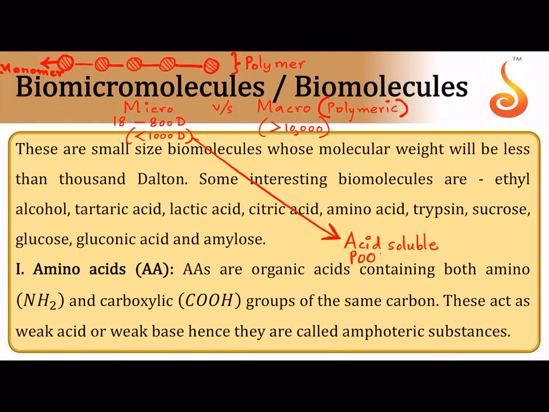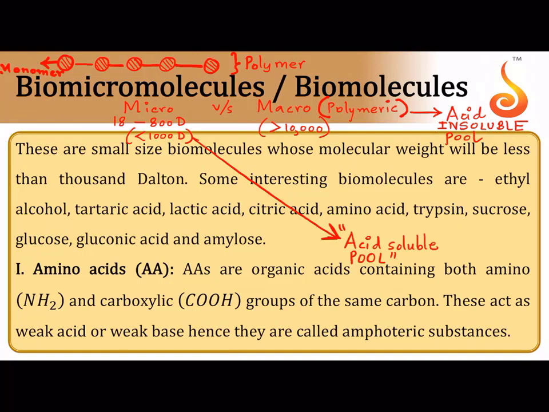The acid soluble pool is mostly rich in micromolecules, and you will get another pool that is called the acid insoluble pool. The acid insoluble pool is basically made up of these complex macromolecules which are very, very large in size.